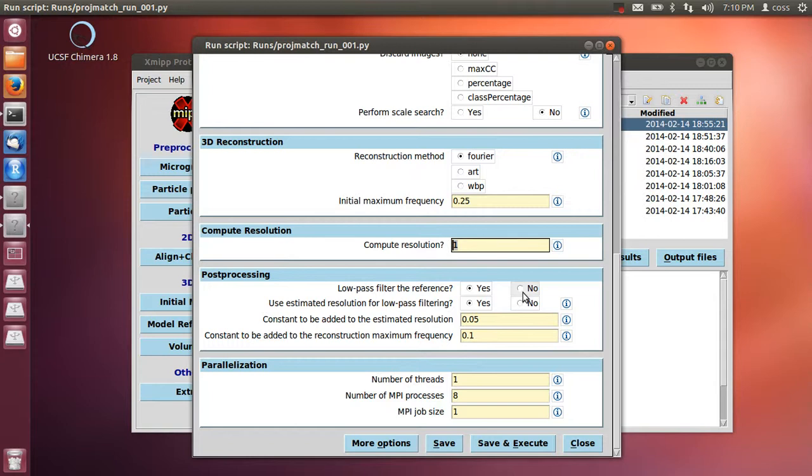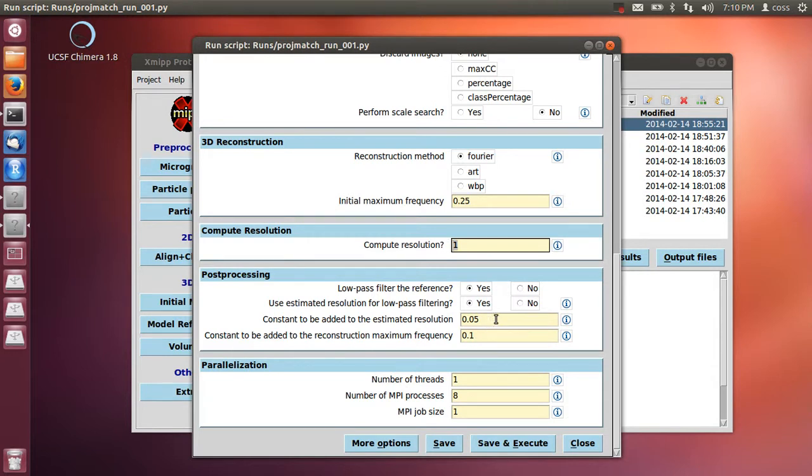You may say, beyond this frequency I don't want to align, so that you avoid overfitting. This frequency, how to low pass filter your volume, is decided based on the Fourier shell correlation. This is what you are saying here. So here you decide whether to filter or not, here whether to use the Fourier shell correlation or not.